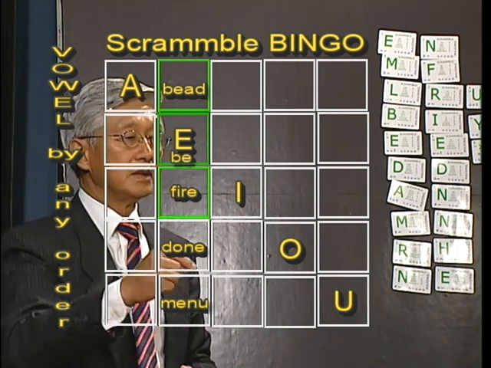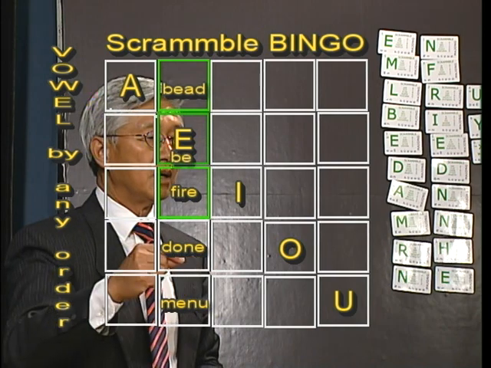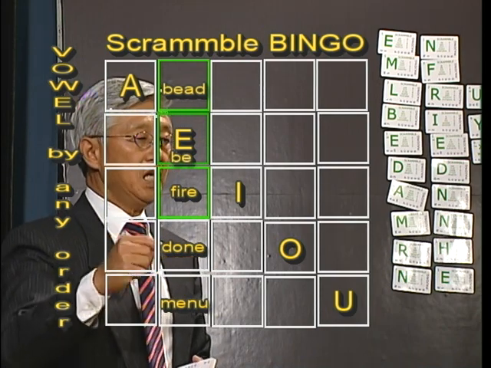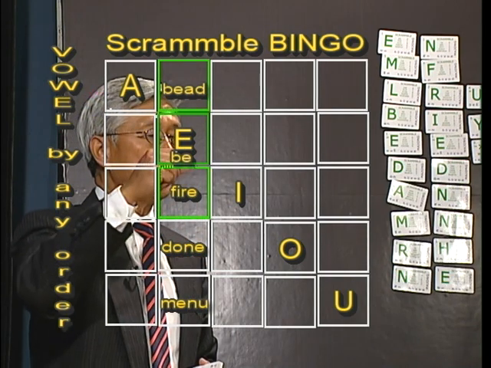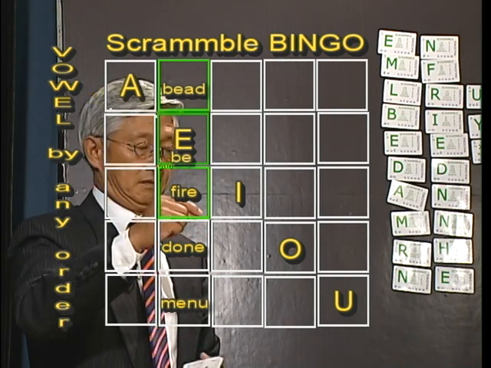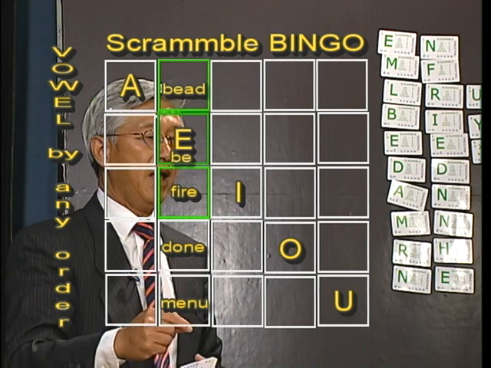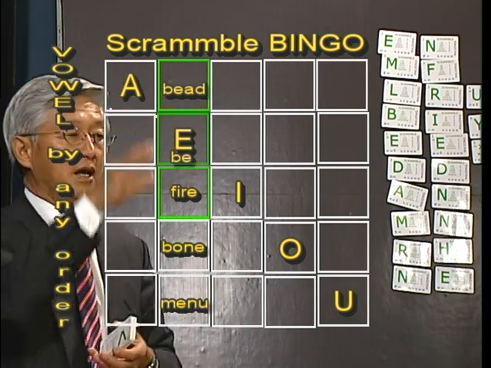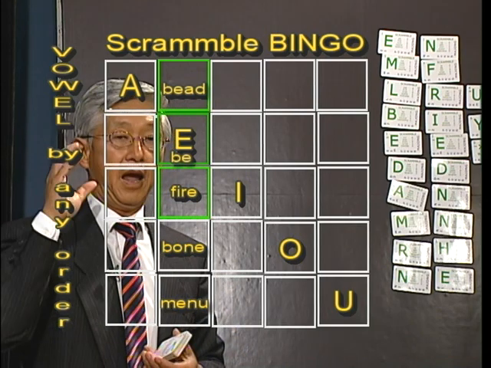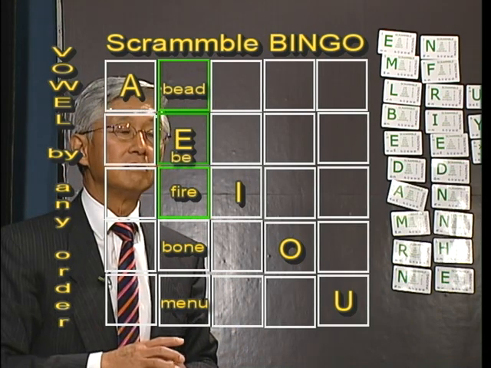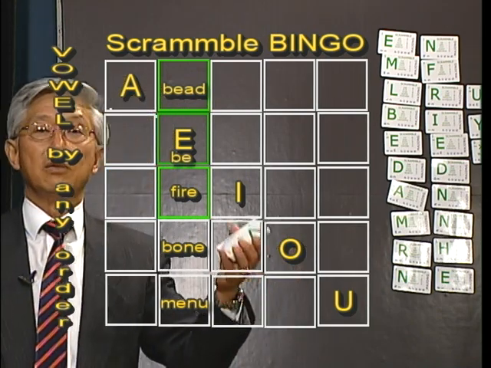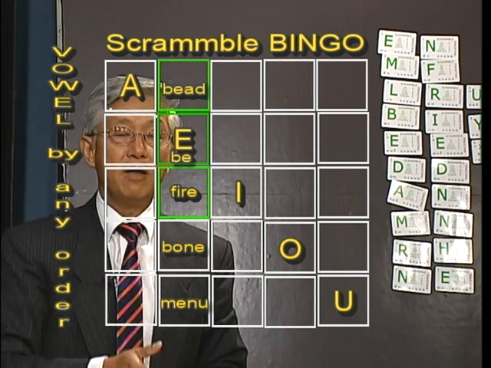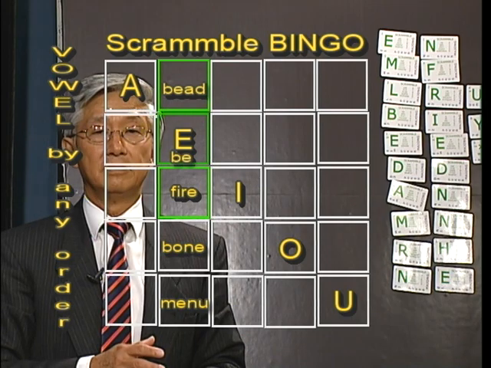Fourth one is bone, B-O-N-E. Of course, B-E is reused from the word B-E there. So that's satisfied. And the last one, menu. So if the person had played this way and claimed first, they would be the winner of bingo. And that's just one vertical column.